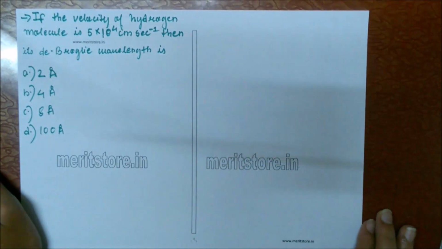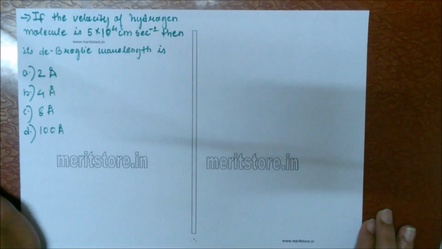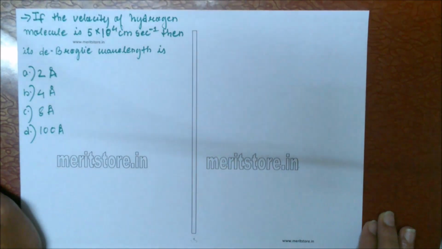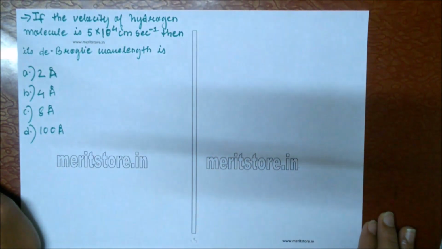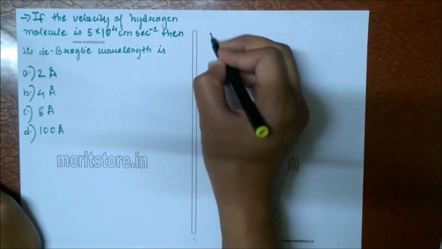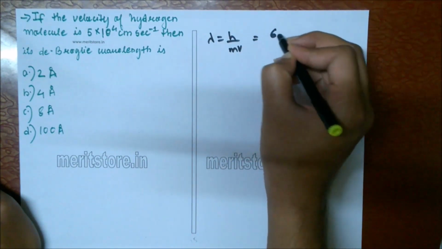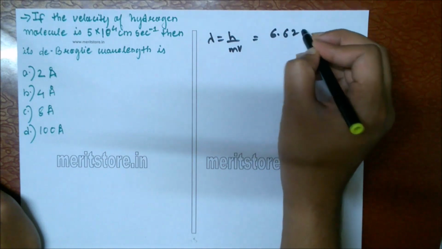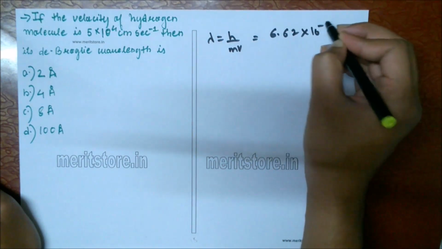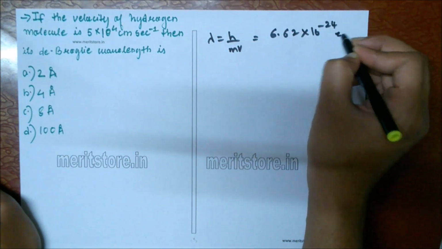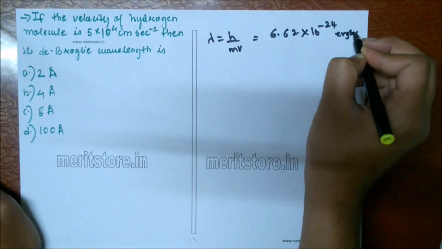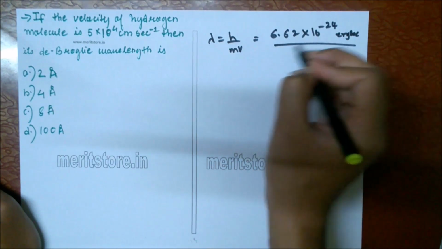The velocity of hydrogen molecule is 5 into 10 raised to 4 centimeter per second. Then de Broglie wavelength is: A 2 angstrom, B 4 angstrom, C 8 angstrom, D 100 angstrom. According to de Broglie, lambda is equal to h upon mv. So substituting the values, h is 6.626 into 10 raised to minus 27 erg second, we are taking this in CGS unit.